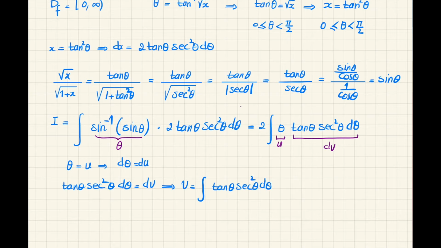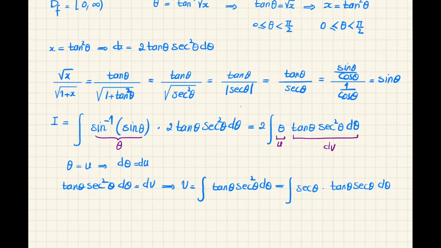But this is a very standard integral, so what I can do, I can write secant theta here, and I can write tangent theta times another secant theta d theta. So instead of having secant squared theta, I have secant theta here and there.